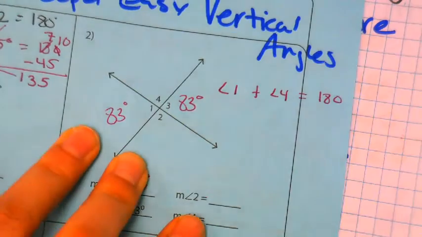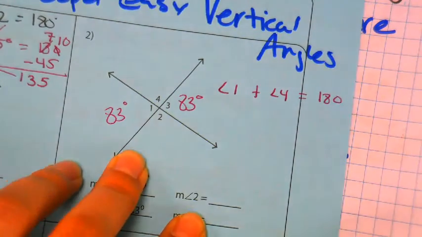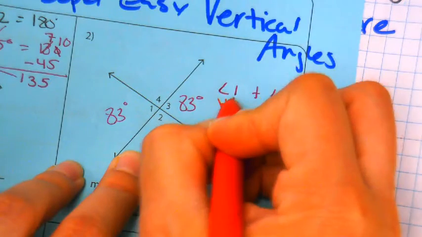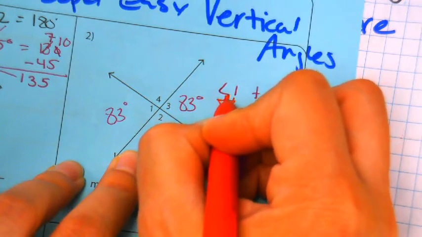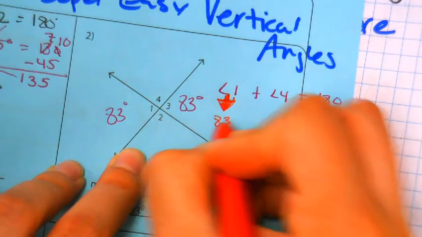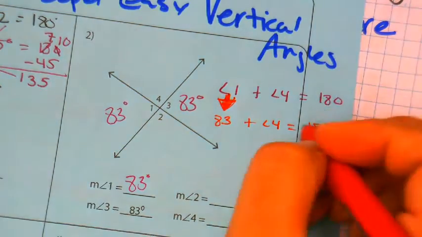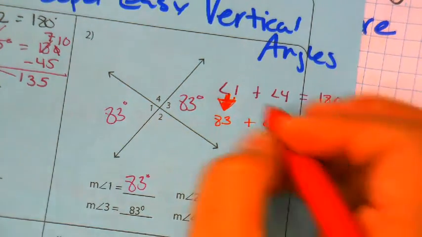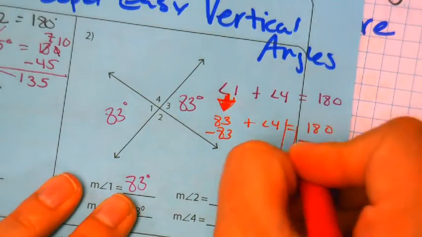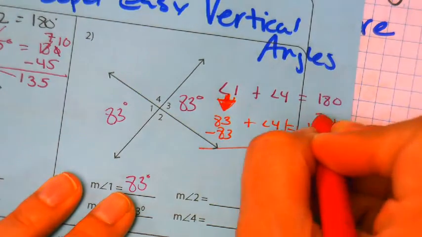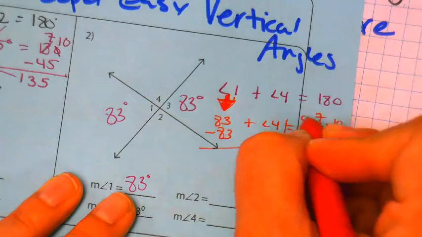What do I know? I know that angle 1 is 83 plus angle 4 equals 180. So minus 83 minus 83, 10, 7, 0, 17.